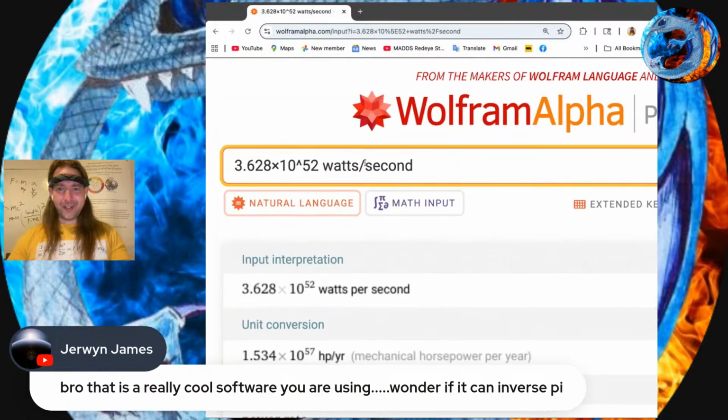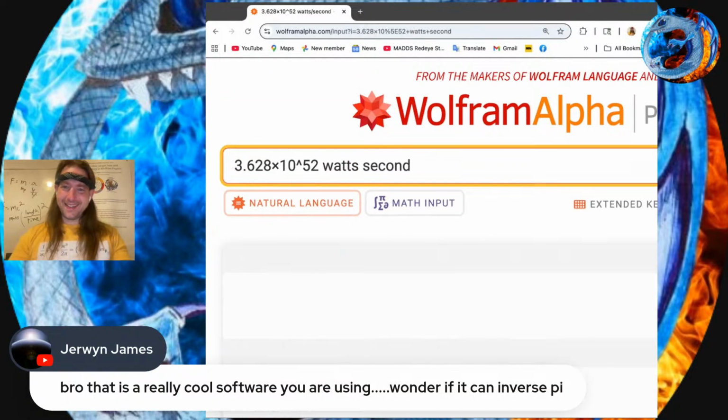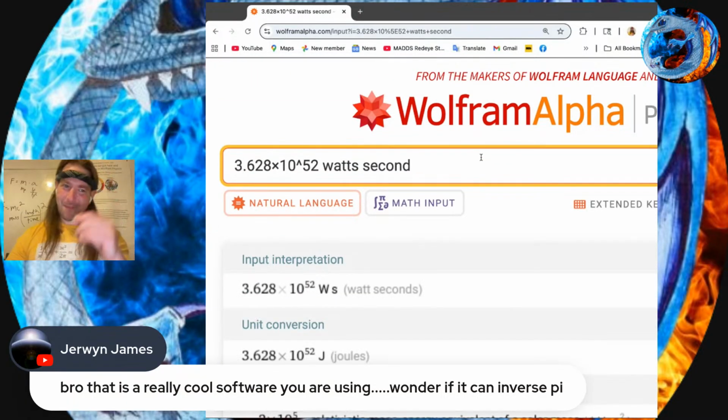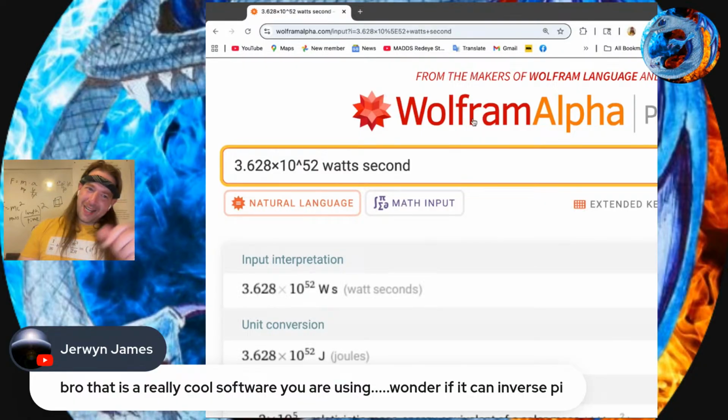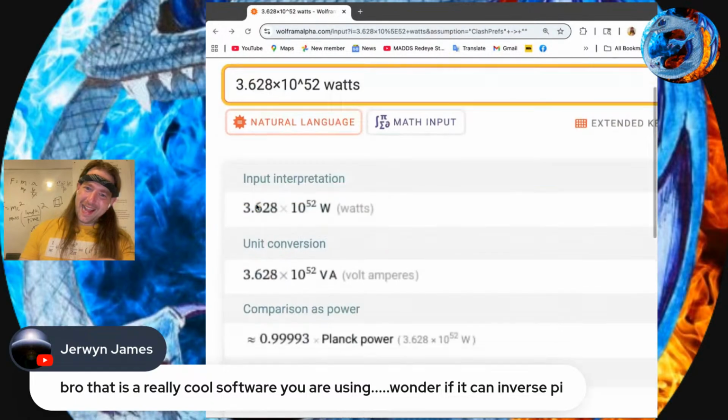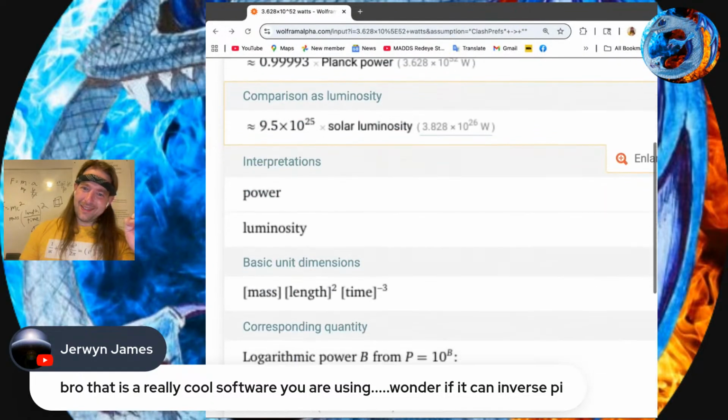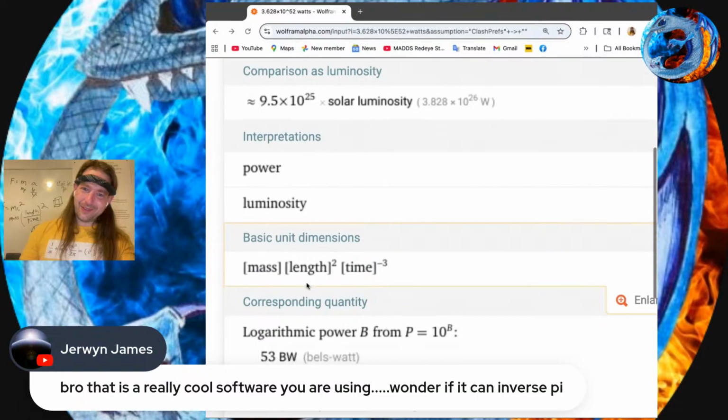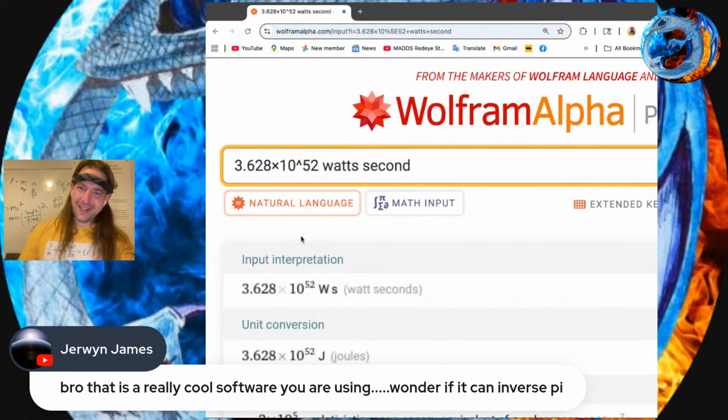Oh, sorry, we need to multiply it by seconds. I apologize. Dimensionally, power is mass times length squared divided by time cubed, so we got -3. I went in the wrong direction.